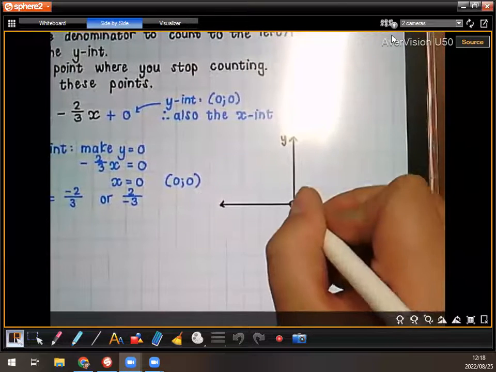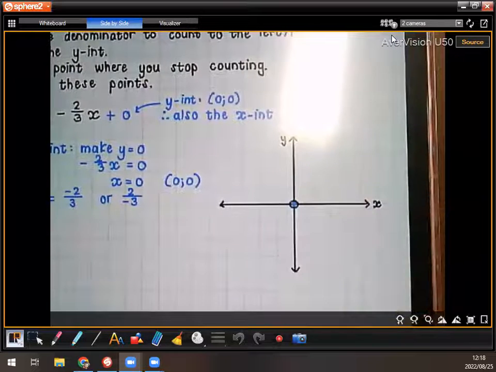And then once you've drawn your Cartesian plane, you can put in that y-intercept.